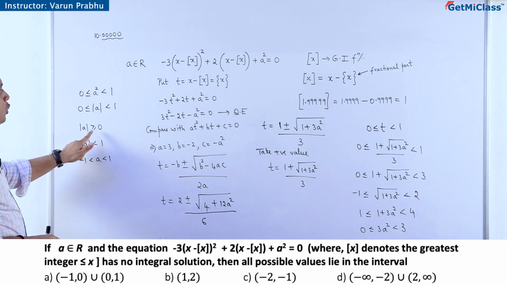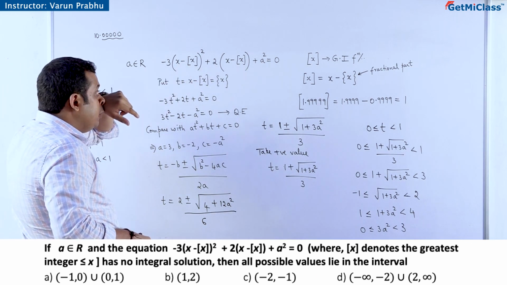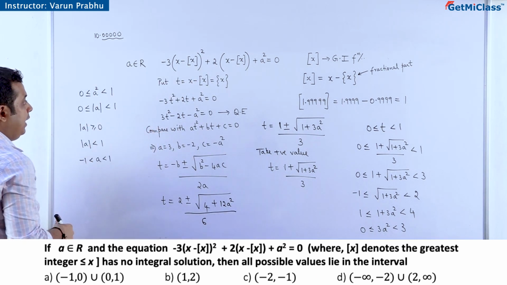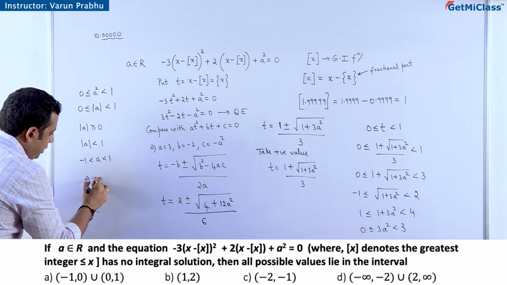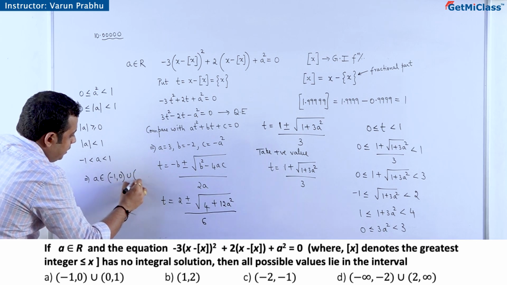Okay. But it's told in the problem that this particular part will not take any integer values, right? So what will be the answer in which this function will lie now? This a will belong to, see, minus 1 to 0, union 0 to 1.